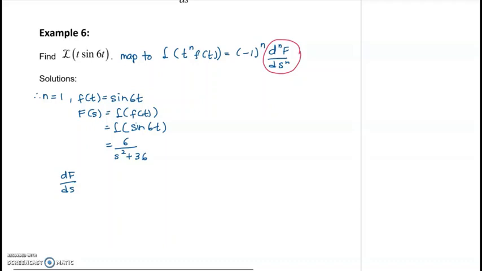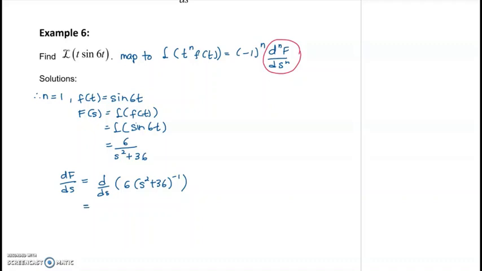Based on F, we want to differentiate. If I rewrite the fraction, I can put 6 times (s squared plus 36) power of negative 1, so that I can perform the differentiation directly.